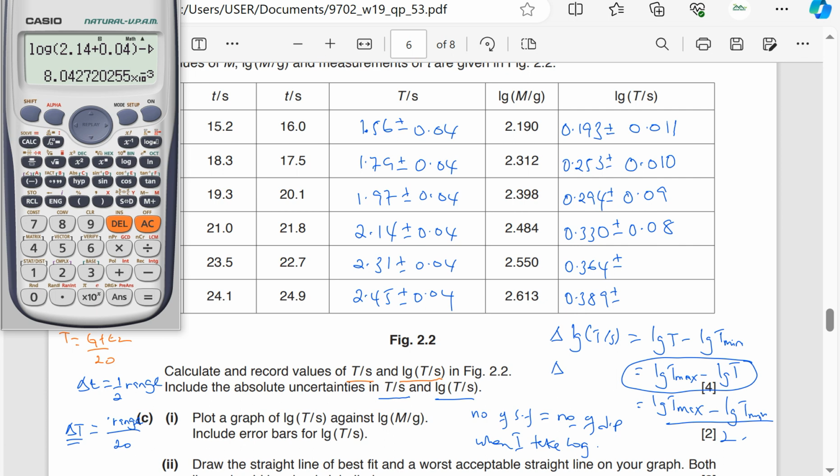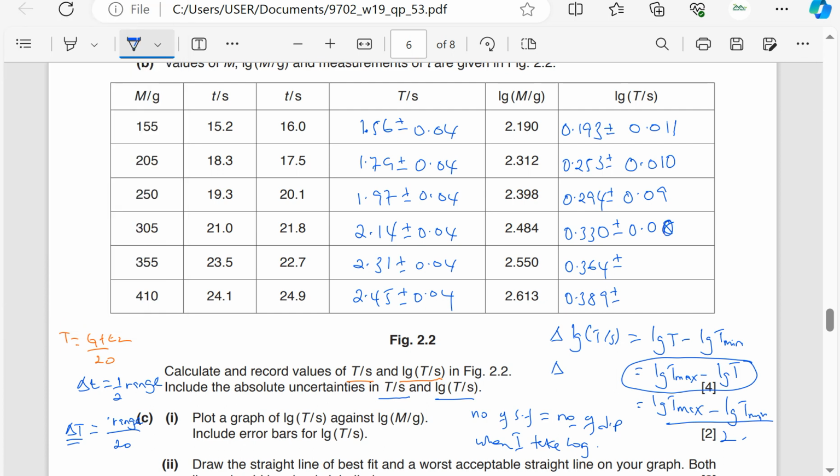I hope I'm writing these values correctly. No, this is 0.008. This should be 2 zeros. 1, 2, 3. That is 0.08.